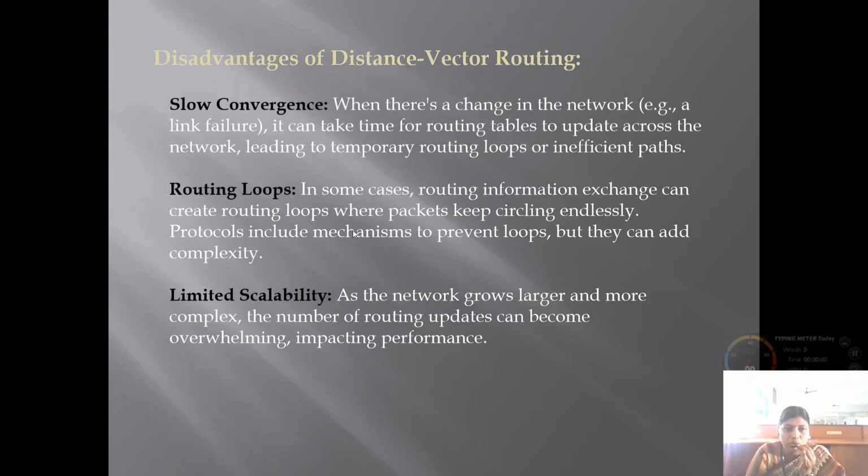The disadvantages are slow convergence, routing loops, and limited scalability. For example, if any one link fails, it can take time for the routing tables to update across the network, leading to temporary routing loops and inefficient paths. Protocols include mechanisms to prevent loops, but they can add complexity to the system.